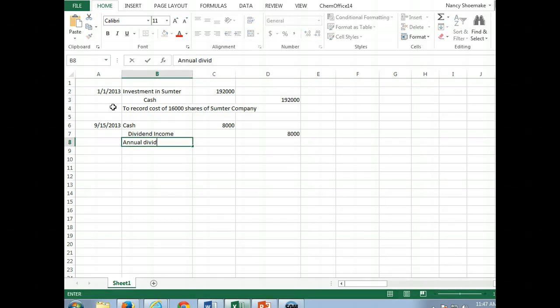Annual dividends declared and received from Sumter, because declaration and payment are on the same day. We have no need for a receivable, okay?